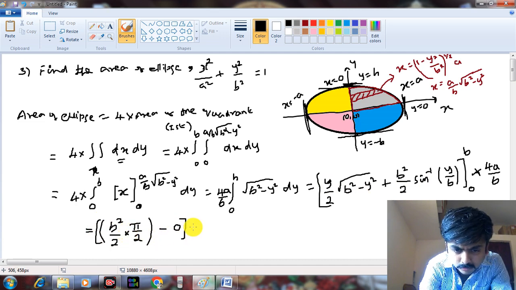So b square by 2 into pi by 2 into 4a by b, that is equal to pi into 4a b square divided by 4b.